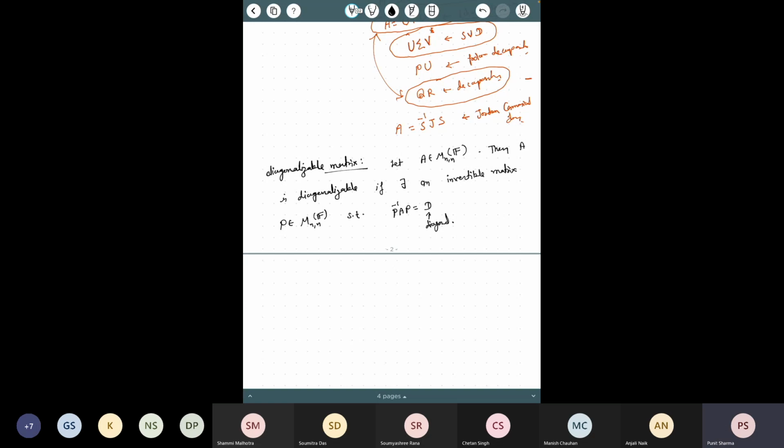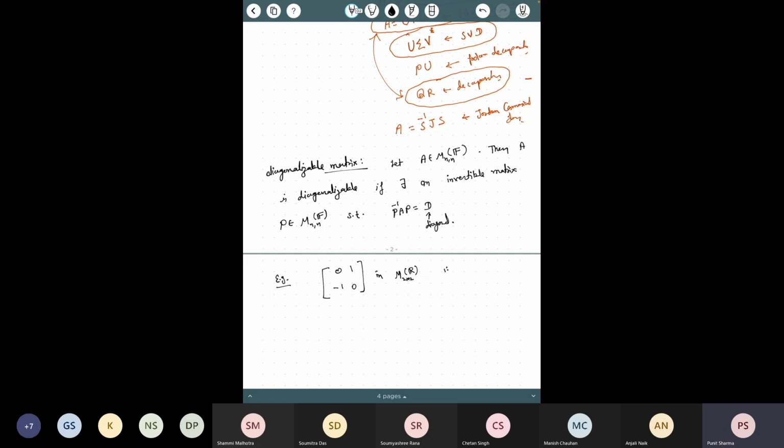I'll just recall again: not every matrix is diagonalizable. Why not? Because you can take this simple example here. There are many examples. When you consider this matrix over R, it has only two complex eigenvalues, so this matrix is not diagonalizable over the field R. But the same matrix, if you look at it over the field of complex numbers, is diagonalizable.